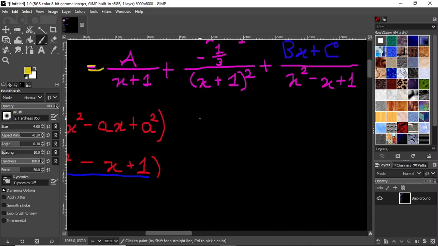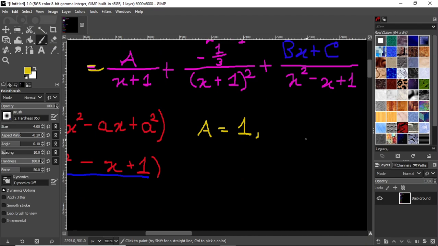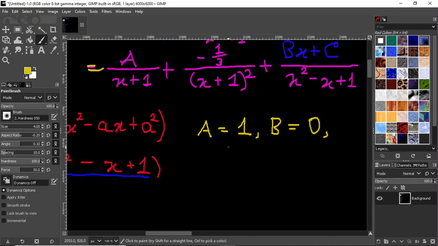And what you get at the end is a equals 1, B disappears, so that's 0, that's good, and C equals 1 by 3.